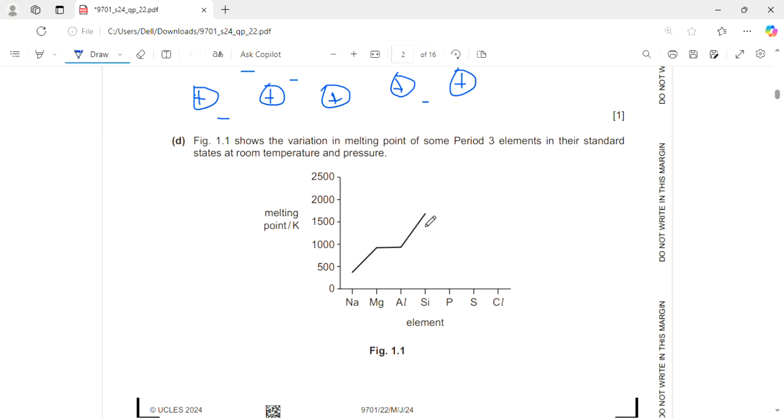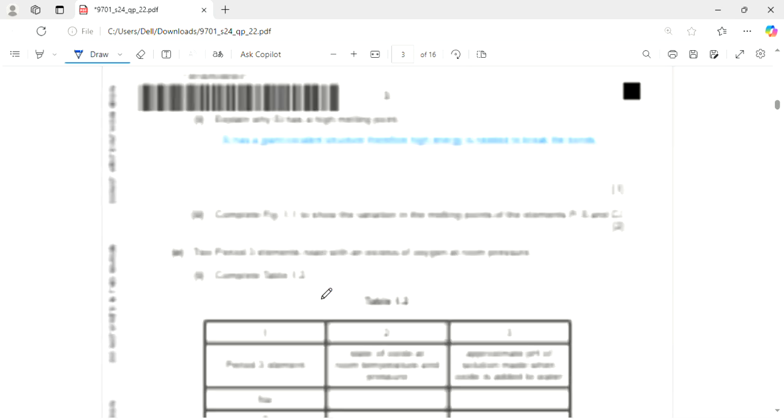Sulfur is slightly higher than phosphorus, and like this down to chlorine. So here we have done.